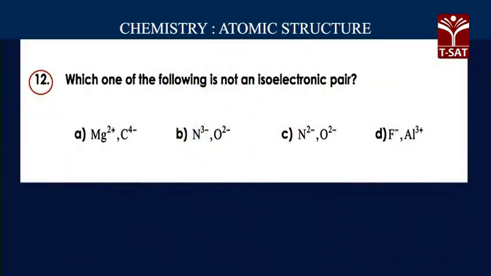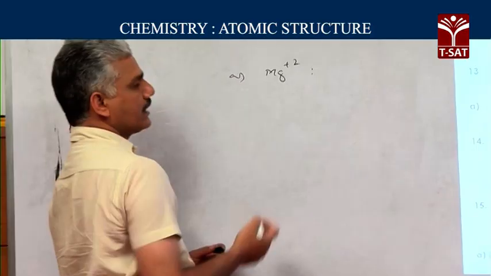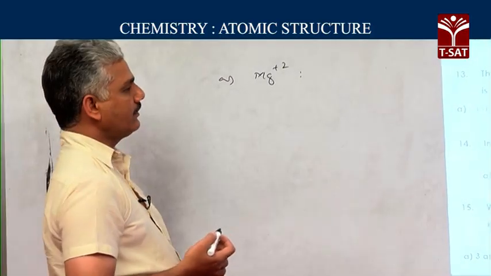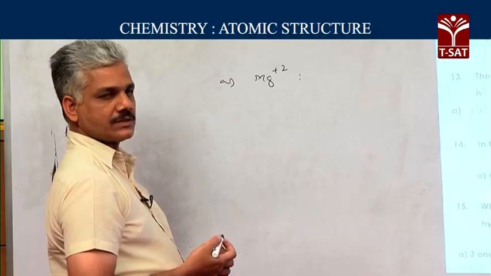12th question, which one of the following is not an isoelectronic pair? Isoelectronic pair means a pair of chemical species with the same number of electrons. So, we should check out the option where the number of electrons are not equal. Say in the first option, Mg plus 2, magnesium atomic number is 12, plus 2 means it has lost 2 electrons.